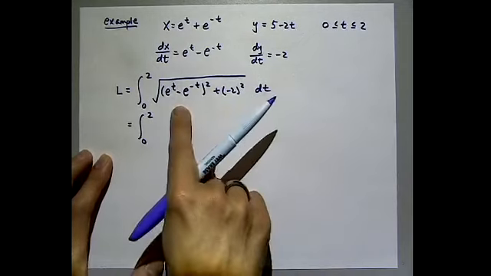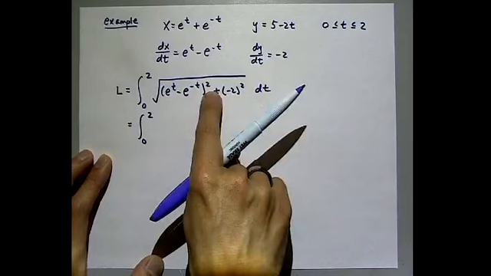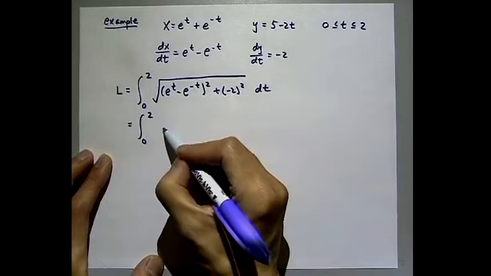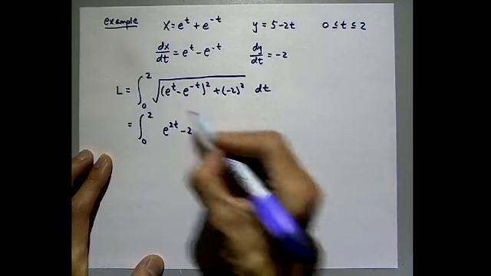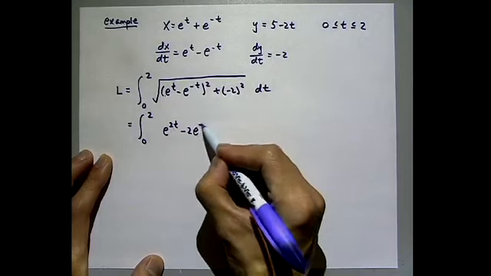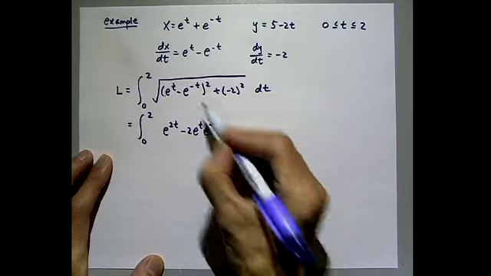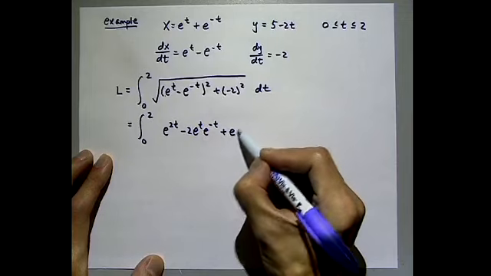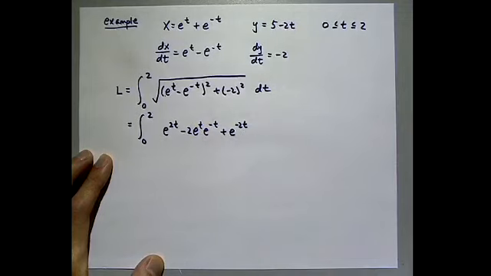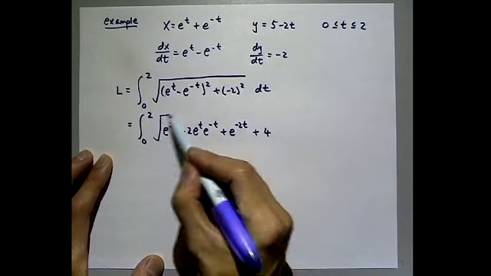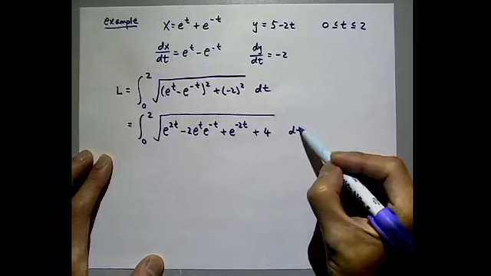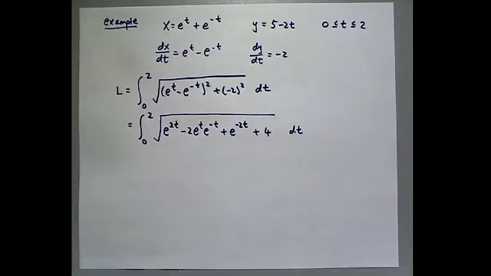Let's work underneath the radical here. This thing squared, multiply that out, is the first thing squared minus 2 first and second, and then the last thing squared. Right?